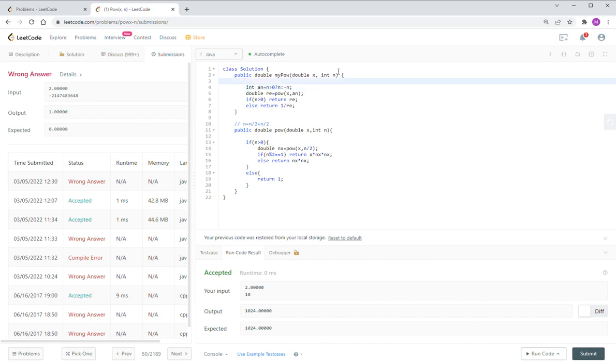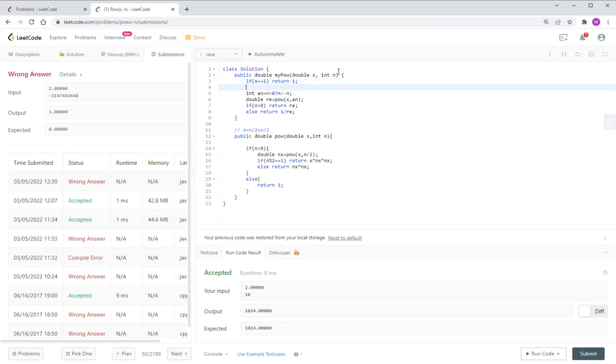So we need to consider some special cases. If x is 1, it doesn't matter what n is, right? And if x is minus 1, if n modulo 2 is 0, this one will return 1.